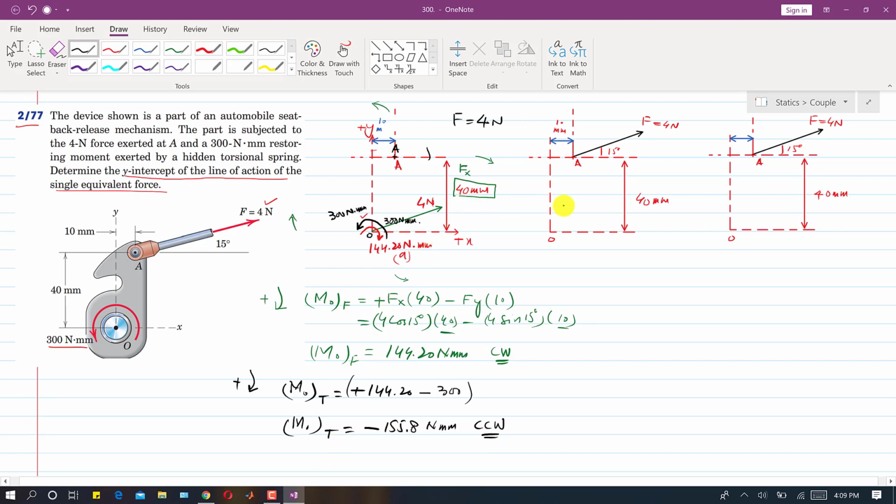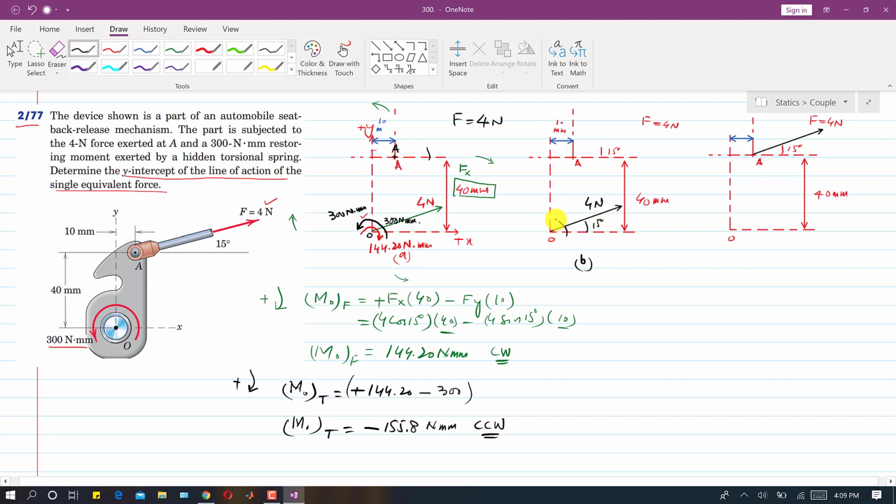So now if I represent this force couple system in this second free body diagram, we will have this. This force will be at this location, right? And the magnitude should be 4 Newton, making 15 degrees, right?